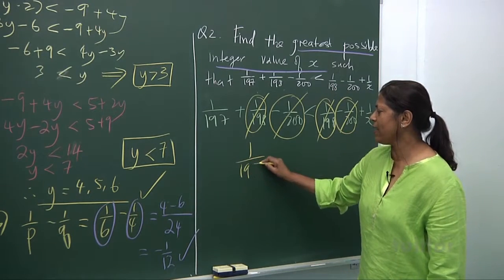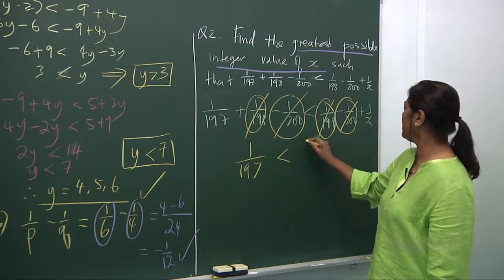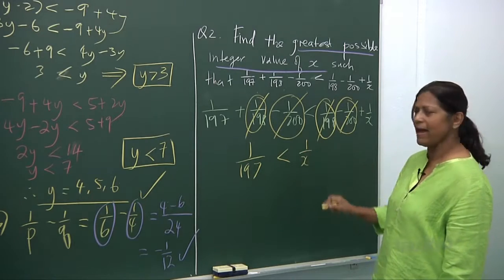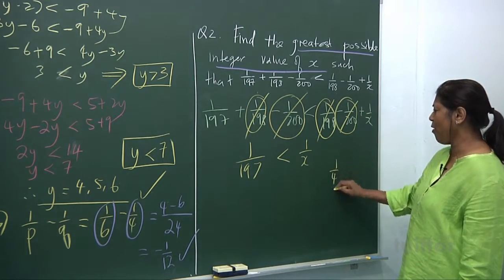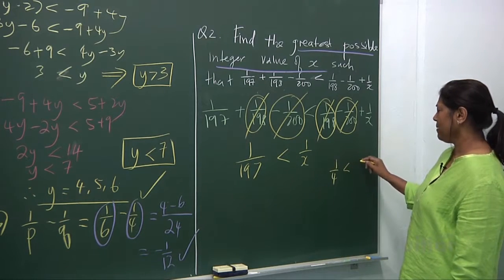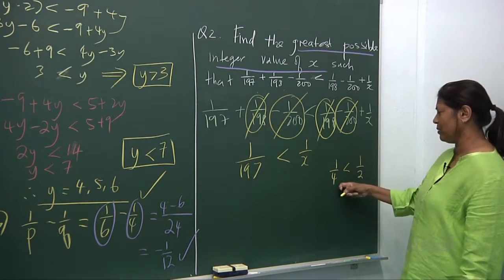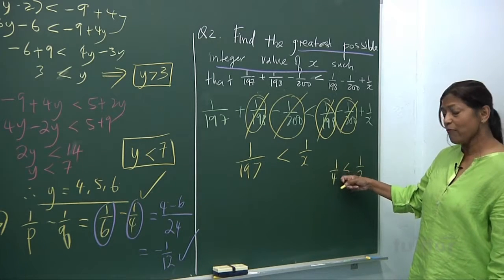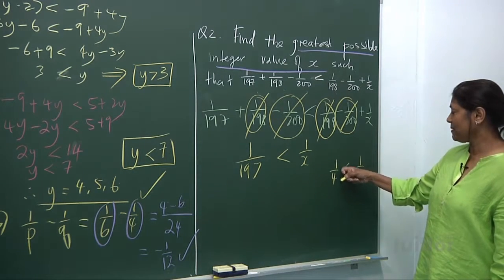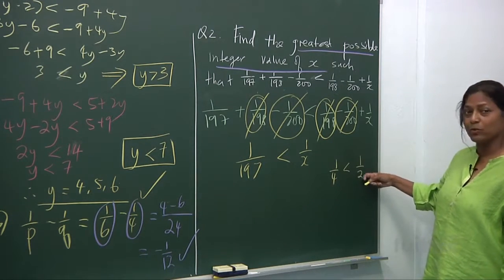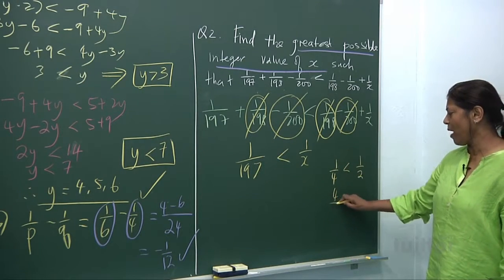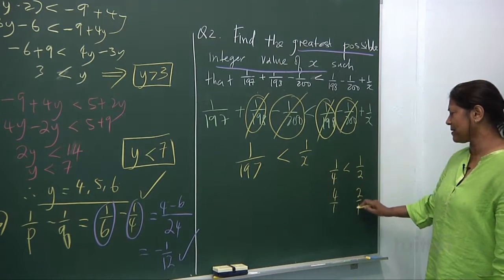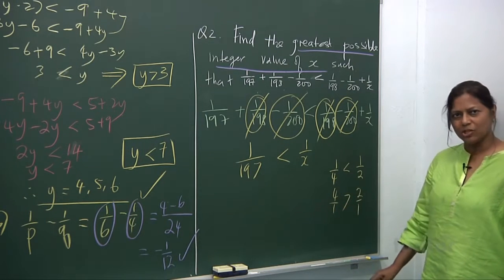1 over 197 is smaller than 1 over x, right? If I have 1 over 4 is smaller than 1 over 2, isn't it? It's definitely 1 over 4 is smaller than 1 over 2. But when I turn it upside down, 4 over 1, and I turn this upside down, do you see the change?